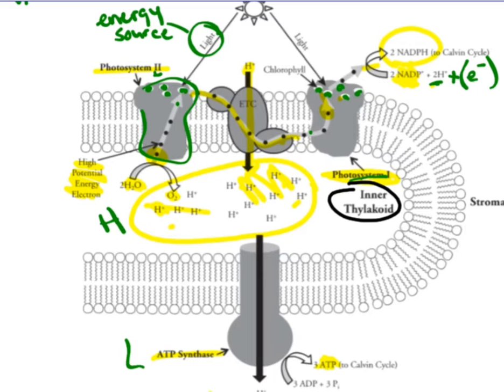And they're going to move through with force, kind of like, have you guys ever seen a water wheel at a mill, how the water causes the wheel to move and then that energy is used to run the mill? That's kind of the analogy I would use for this, because this hydrogen moving through causes the ATP synthase to actually spin, and creates like a kinetic energy that allows the synthesis of ATP.